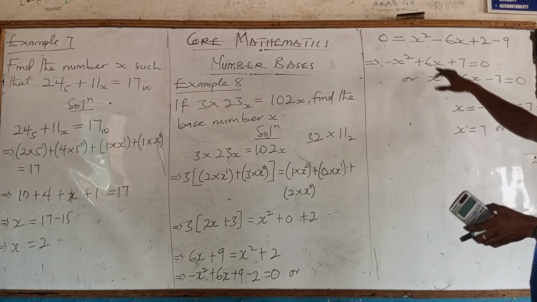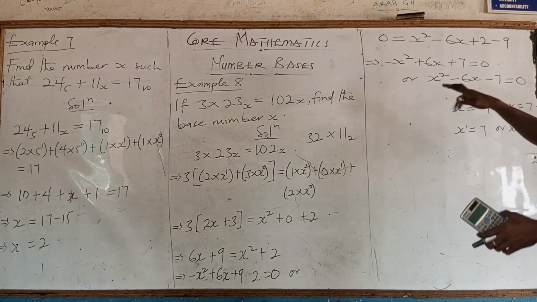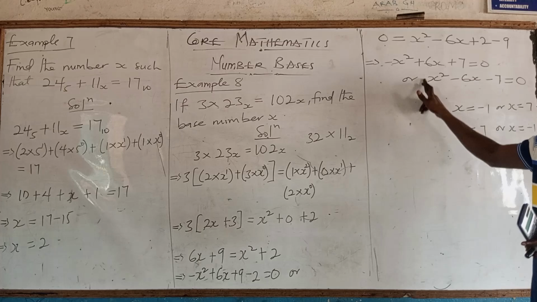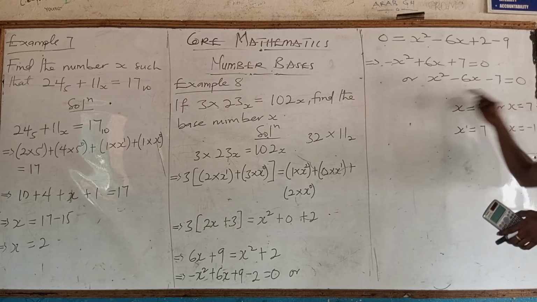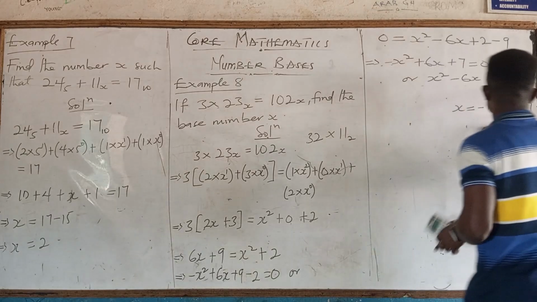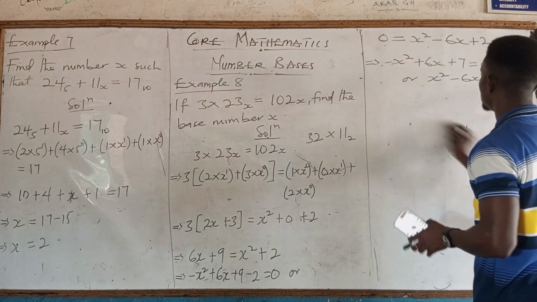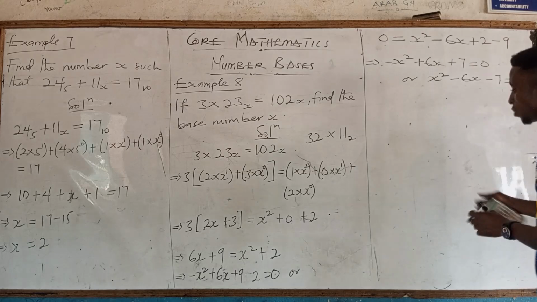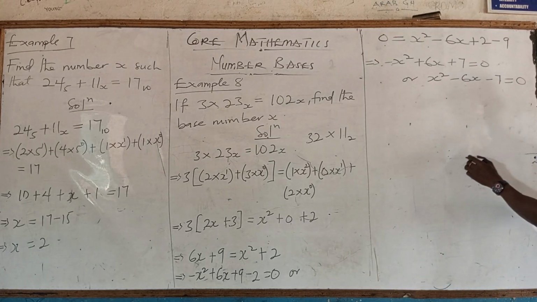But me, I want to stick to making this one positive. Are we getting that? So I want to use this one instead of that. Okay. So now we can all testify that we are having the numbers to be what? -1 and 7. Are we getting that?